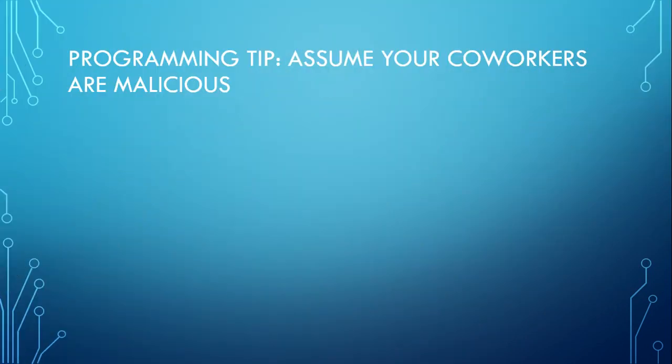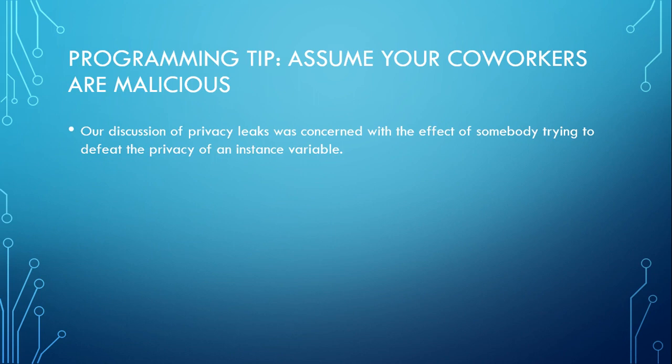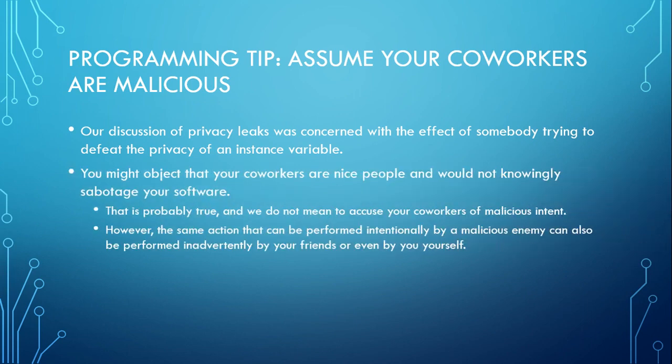All right, a quick programming tip though, because we have been discussing a lot about privacy leaks: pretty much assume that your coworkers are malicious. That was our whole discussion in these last two lessons, the discussion of privacy leaks, somebody trying to defeat the privacy of an instance variable.